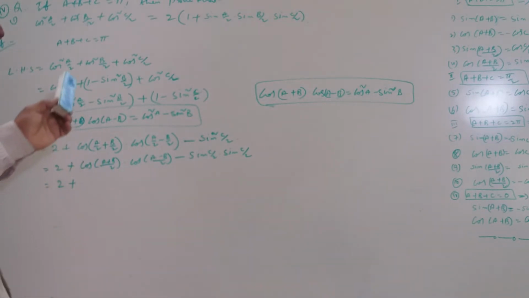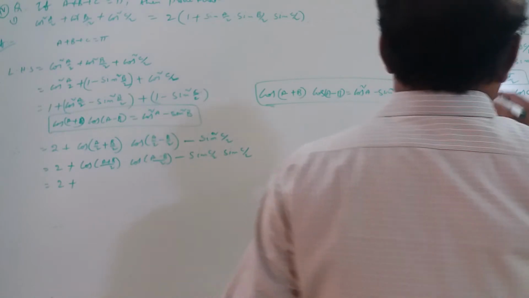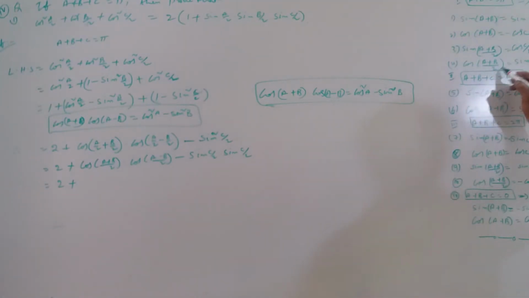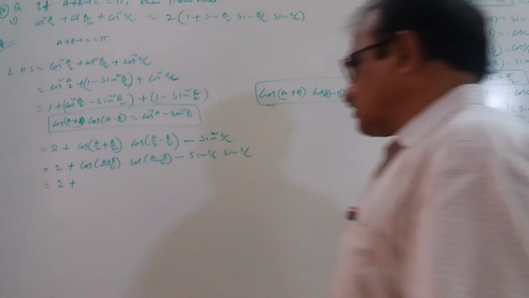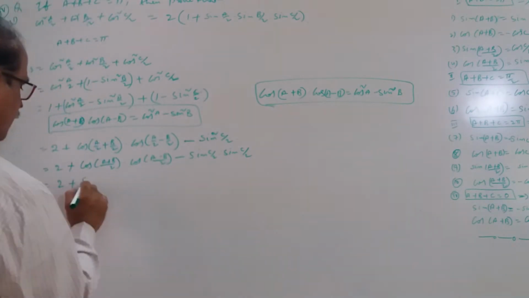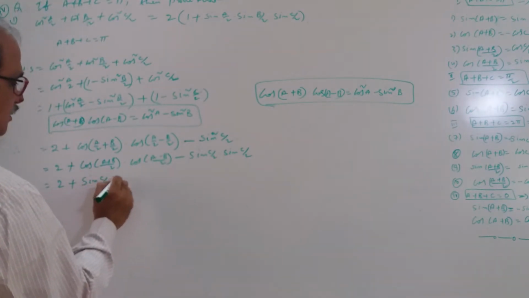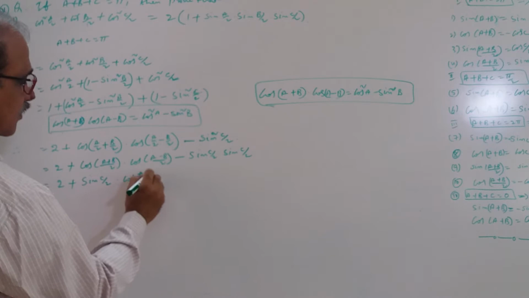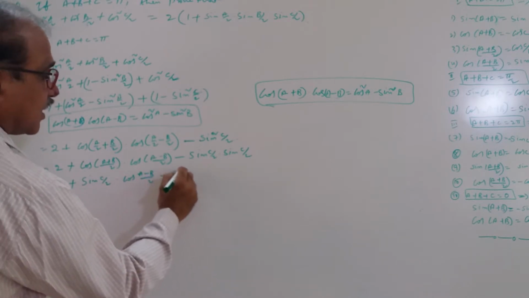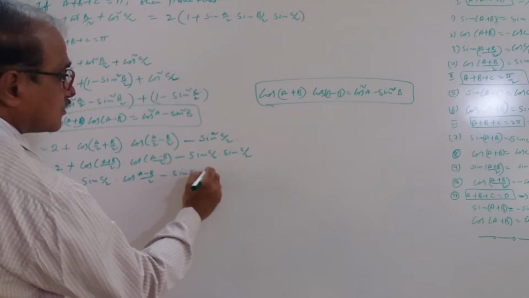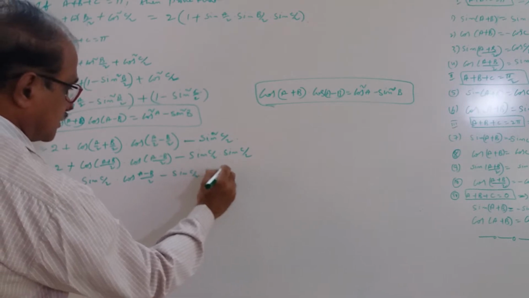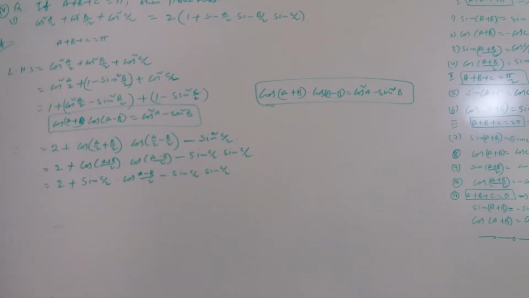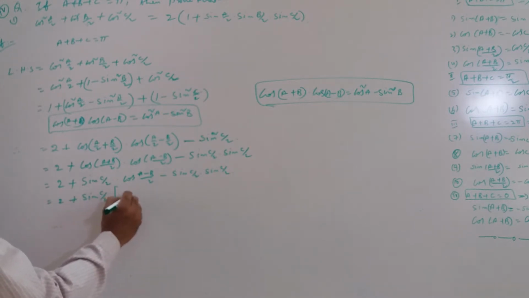What is cos a plus b by 2? If a plus b plus c is equal to pi, then cos a plus b by 2 is equal to sin c by 2 into cos a minus b by 2 minus sin c by 2 into sin c by 2. If we take 2 plus sin c by 2 as common, what is remaining?